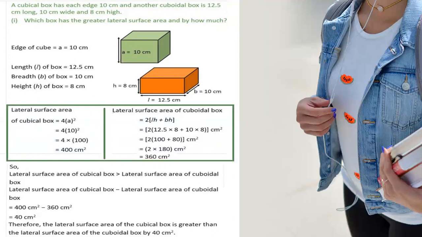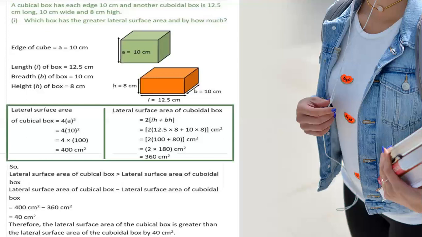Substituting the value of a as 10, we get 400 centimeters square. Lateral surface area of a cuboid is 2H of L plus B. Substituting the values of L, B and H, we get 360 centimeters square.